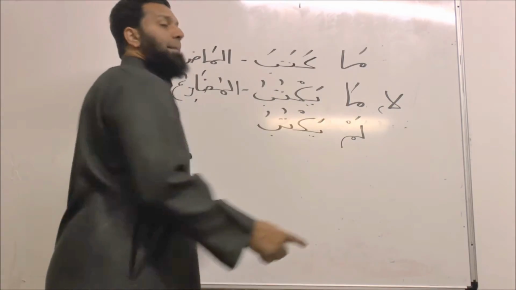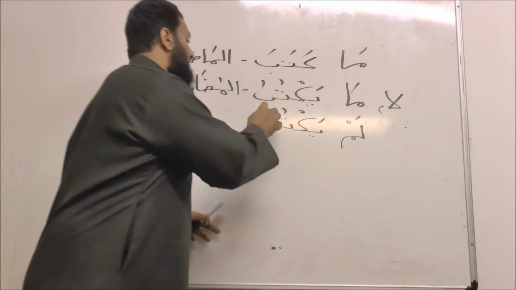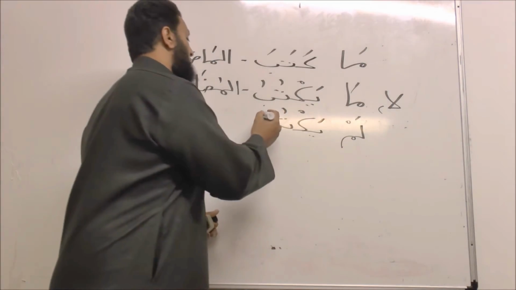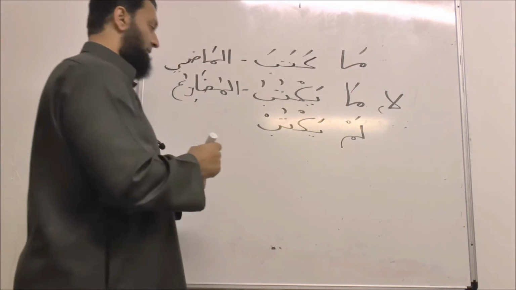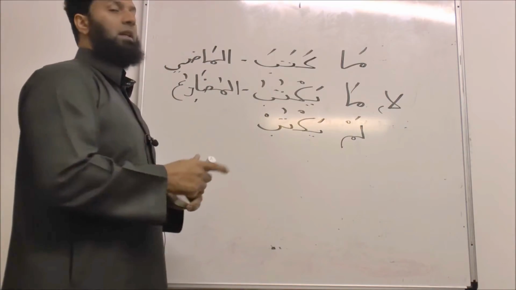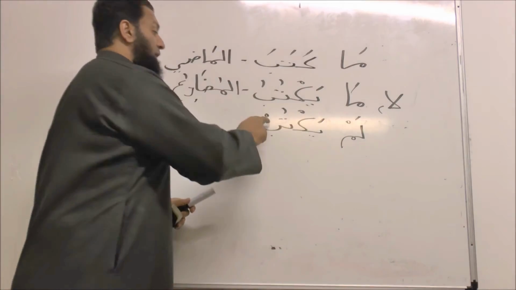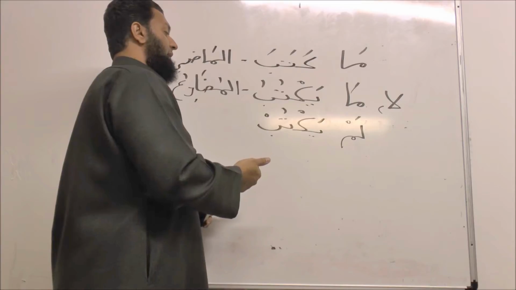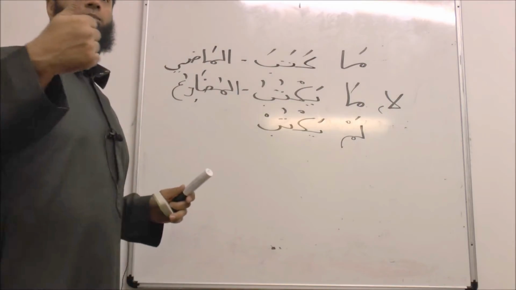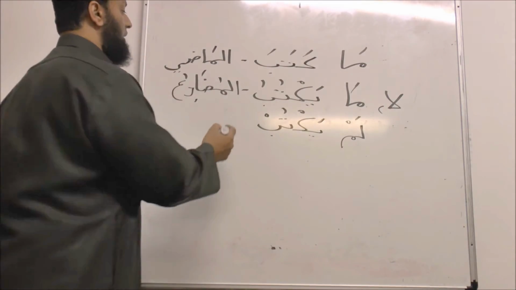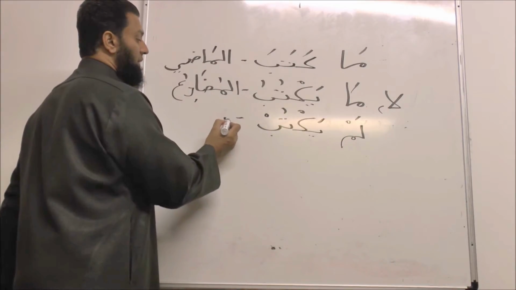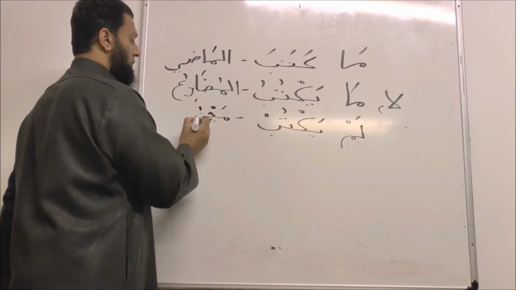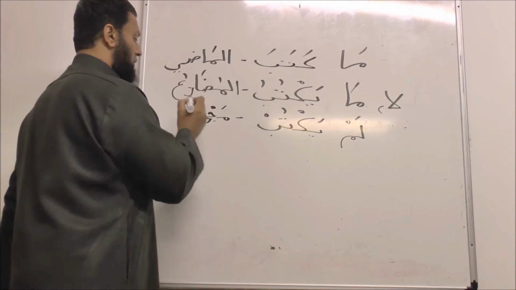We introduce lam, and the first thing that happens is the dhamma becomes a sukoon. And that is the fourth and final state that a word can be in, called majzumun.